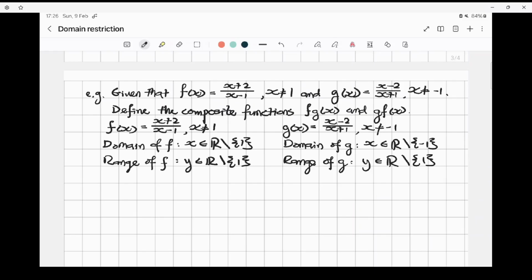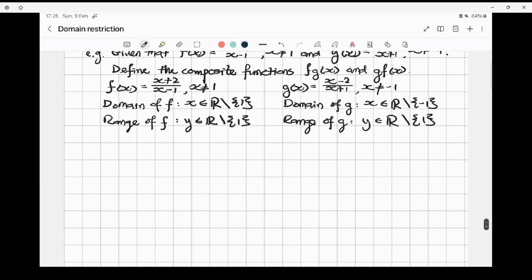So let's begin with f of G. If you look at f of G, it will be f of x minus 2 divided by x plus 1.